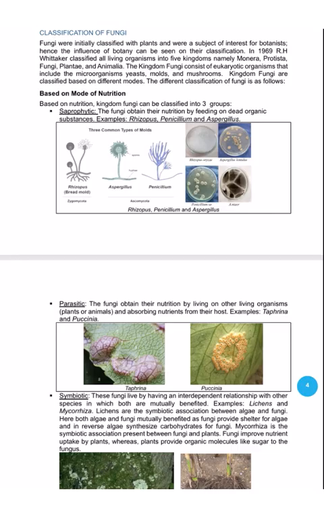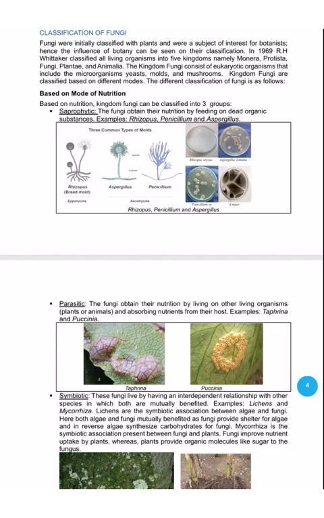But as the knowledge, the technology, the identification processes and the development of microscopes further developed in the science of microbiology, in 1969, Whittaker, as we mentioned before in bacteriology, classified all living organisms into five kingdoms, namely Monera, Protista, Fungi as a separate kingdom, Plantae, and Animalia.